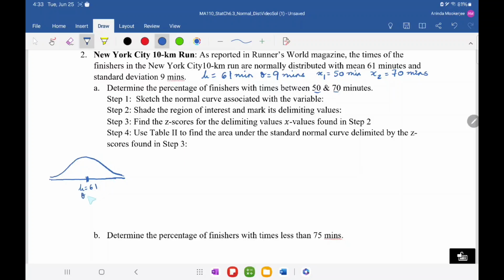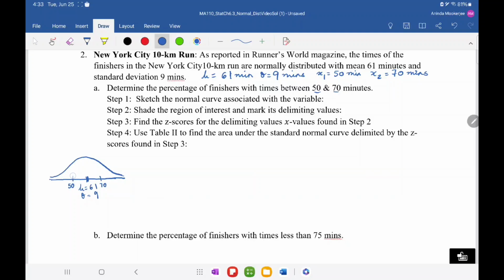And then standard deviation is 9. And then we have to show where 50 and 70 are with respect to the center point. So 50 would be to the left because it's less than 61. So I'm going to mark it somewhere here. Let's mark it here. And then 70 is going to be to the right of 61, right? It's going to be somewhere here, let's say.